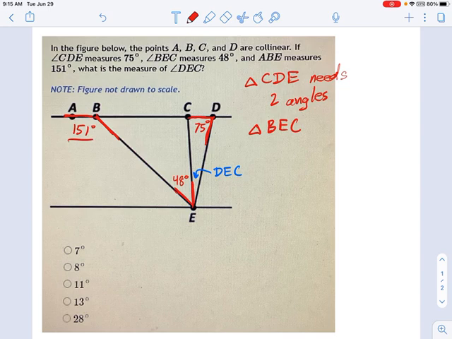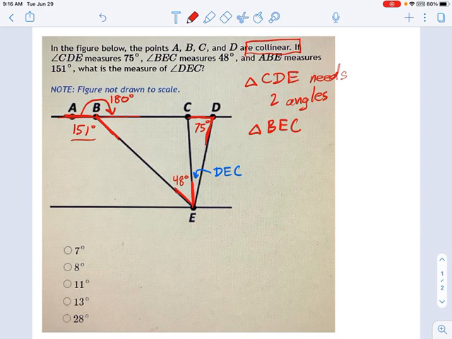Well, if you remember, right at the beginning of the problem, they said A, B, C, and D are all collinear. That means this is a line right here. Okay, and if that's a line, it means it's 180 degrees. That's how far you go around when you measure a line. It's like a half circle. So if that's 180 degrees and this right here is 151 degrees, then this has to be the difference.